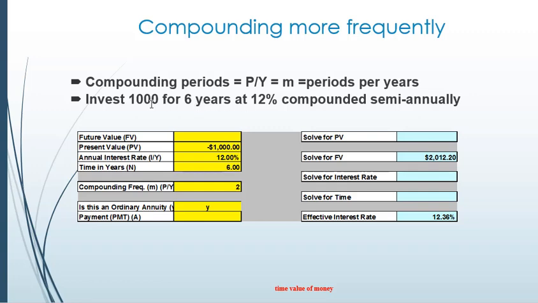So if you invested $1,000 for 6 years at 12%, compounded semi-annually, you plug in the data, $1,000, 12%, 6 years, but now you change the compounding frequency from a 1 to a 2. There aren't too many choices here. 1 time is annually, 2 times is semi-annually, 4 times quarterly, and 12 times is monthly. I guess you could do daily, 365 days. So we end up with a value at the end of 6 years of $2,012.20.